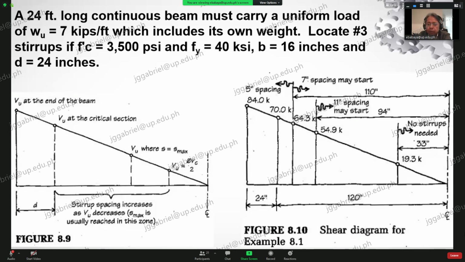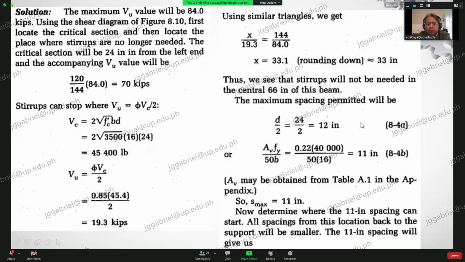Now, how do we compute for S max? We have to determine which is lower of the two. So we compare d over 2 and Av fy over 50b.